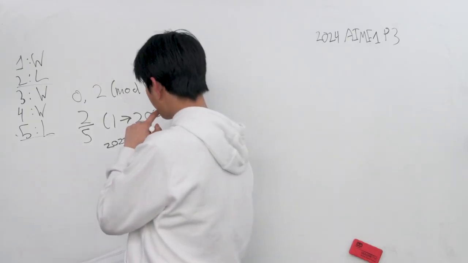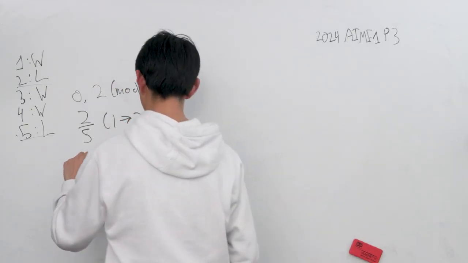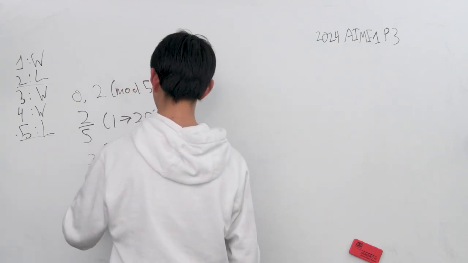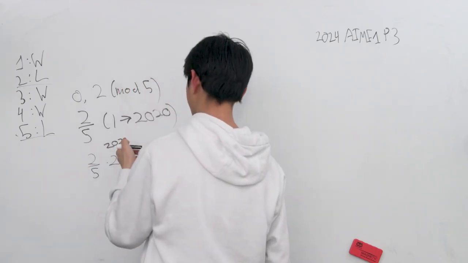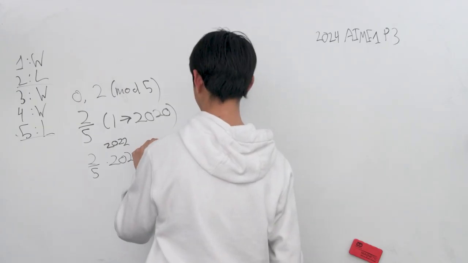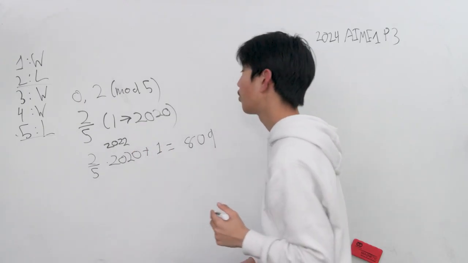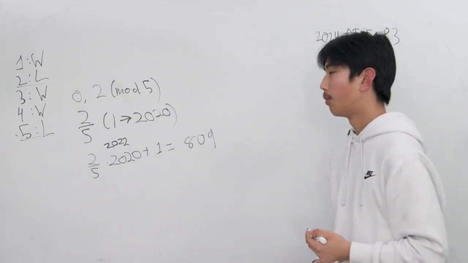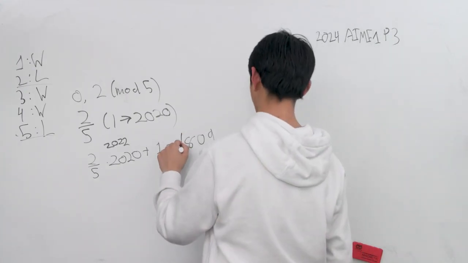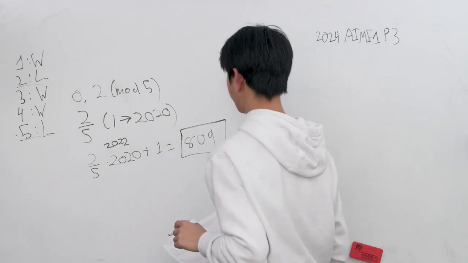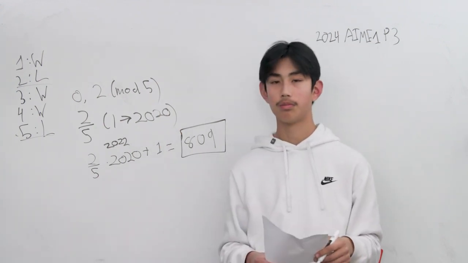So we compute 2/5 times 2020 plus the 2022, so that's one more number, which is equal to 809. There are exactly 809 values of n where Bob is guaranteed to win if he and Alice both play their best moves.